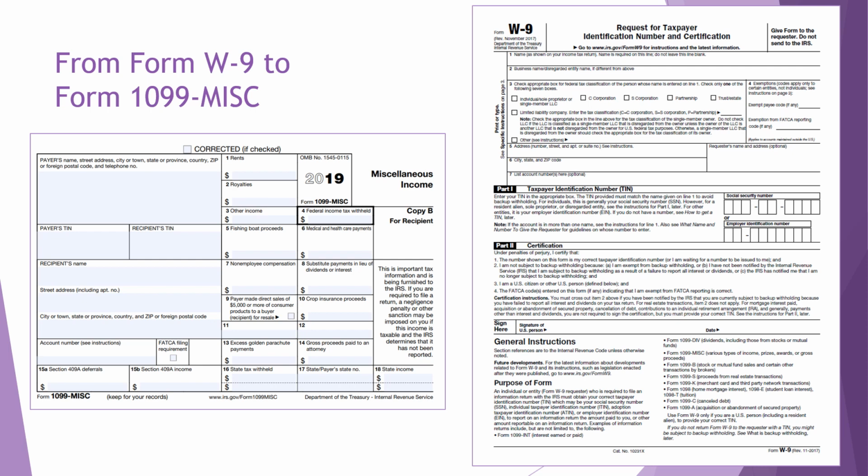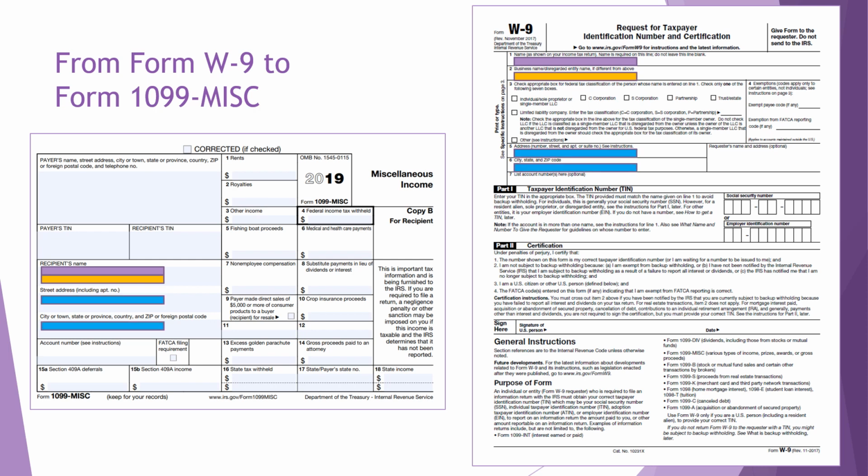Alright, so as I mentioned, the W-9 is what we're going to use to input most of these fields into the Form 1099. So I just wanted to go through real quick looking at Form W-9 and seeing how that goes directly into the Form 1099 Miscellaneous. So on W-9, we've got a name box, and that's where you'll put the recipient's name. So that's going to be the person or business that you've had these services from. If they have a doing business as name, that might go on line 2.